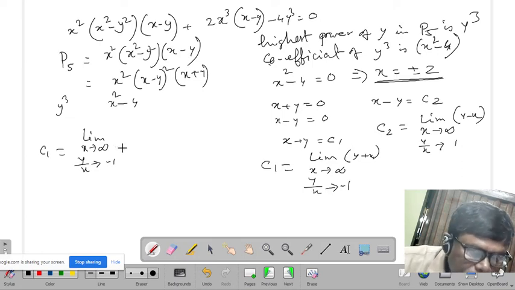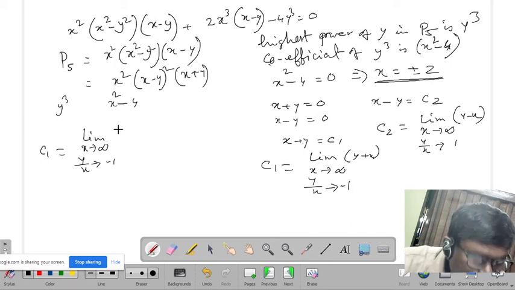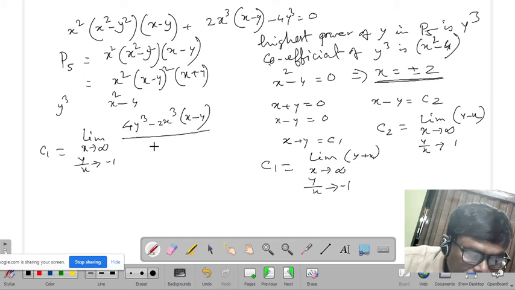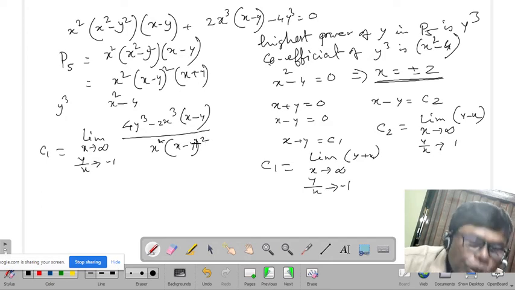Now what is x plus y? It is nothing but 4y cube minus 2x cube, x minus y divided by x square into x minus y whole square.